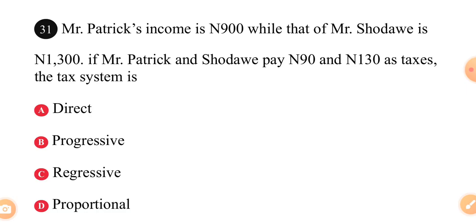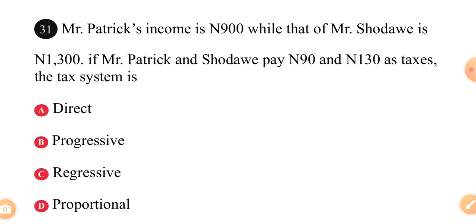Mr. Patrick's income is 900 and Mr. Shadoway's income is 1,300. If they pay 90 naira and 130 naira as taxes, the tax system is dash. Is it direct, progressive, regressive, or proportional?